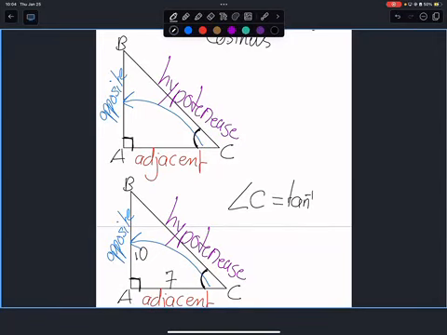So the tangent inverse, shift, or second, different calculators have different things, of O divided by A, 10 divided by 7.